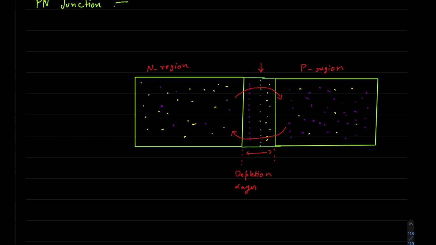This process of movement of charge carriers from higher density regions to lower density regions is known as diffusion. Now, as these electrons from the n-type material leave towards the p-type holes, they leave holes in their place.